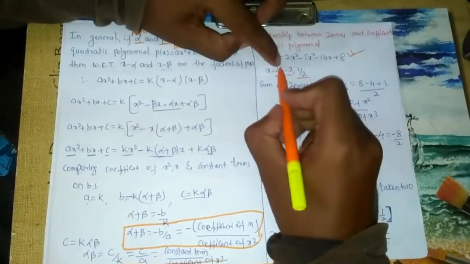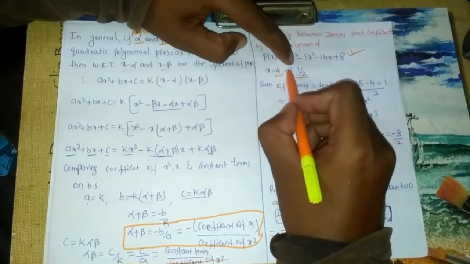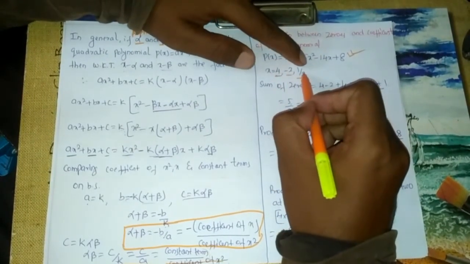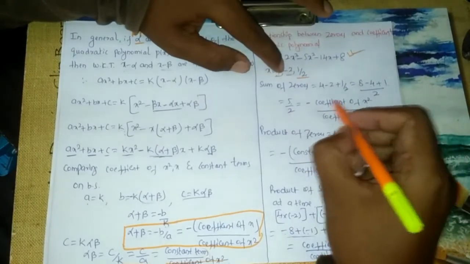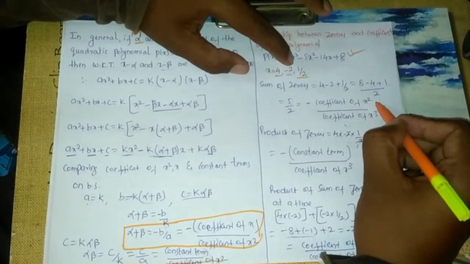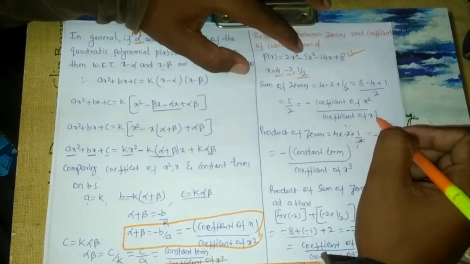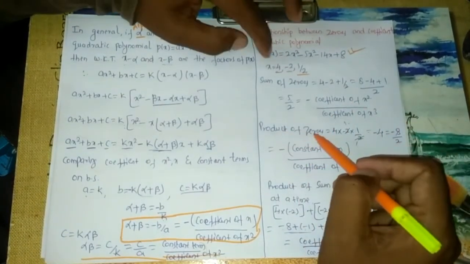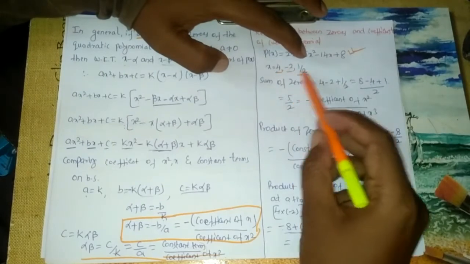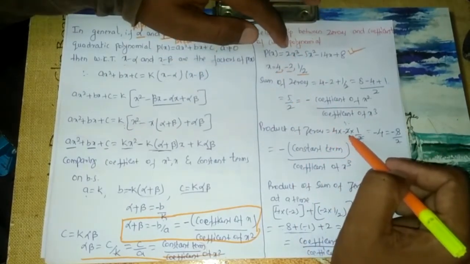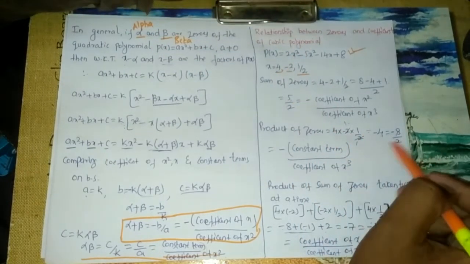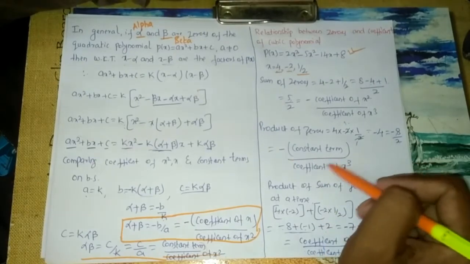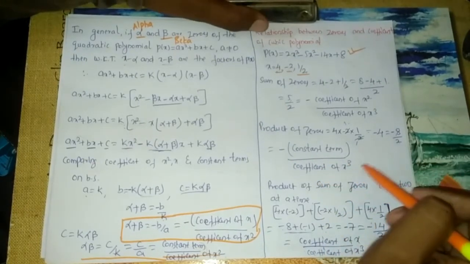So sum of these zeros, 4 plus minus 2 plus 1 by 2, gives us minus coefficient of x square upon coefficient of x cube. Okay, this formula it will give. And product of all these three zeros, 4 into minus 2 into 1 by 2, will give minus constant term upon coefficient of x cube.